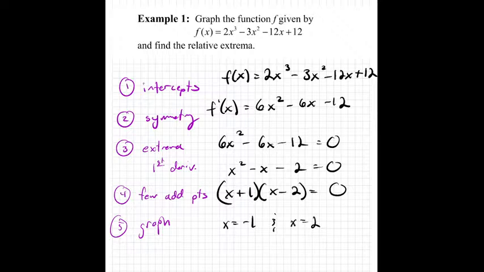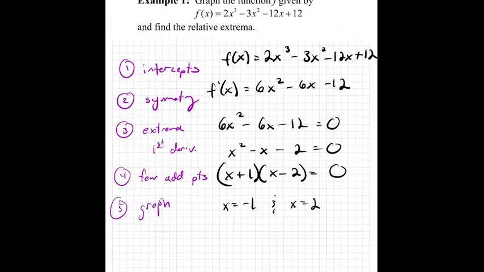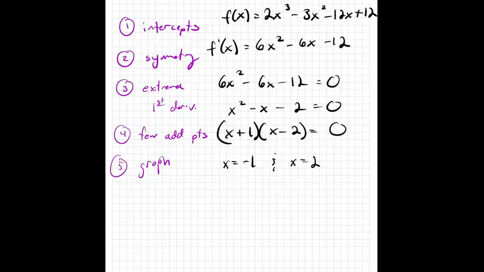So we can plot these critical values on a number line and I do a test, right? So if these are our critical values, these are candidates, we need to do the first derivative test. So we need to look on the left side of negative 1 and the right side of negative 1. We need to look on the left side of 2 and the right side of 2. Let's look at the sign of the derivative on either side of these, right? So first I'm going to plot these critical values.